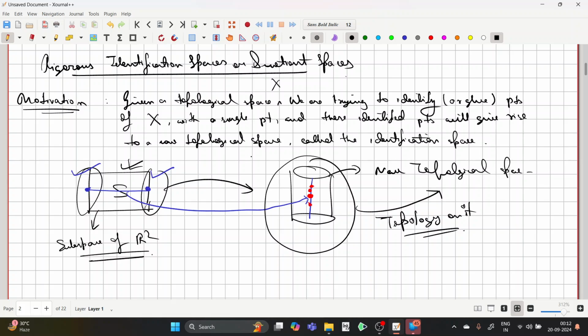So what are we actually trying to do? Visually, we started with some topological space, and we are deforming it into a new space. We are deforming a geometric object into a new geometric object.